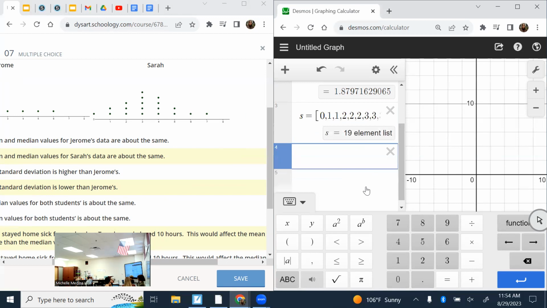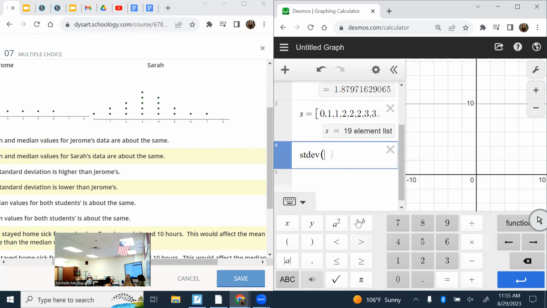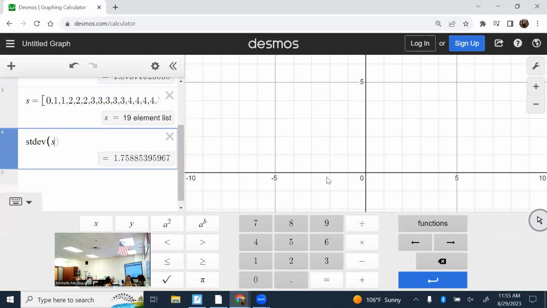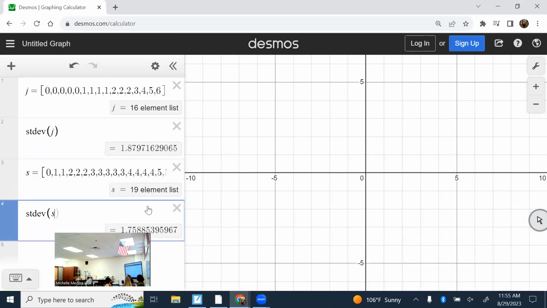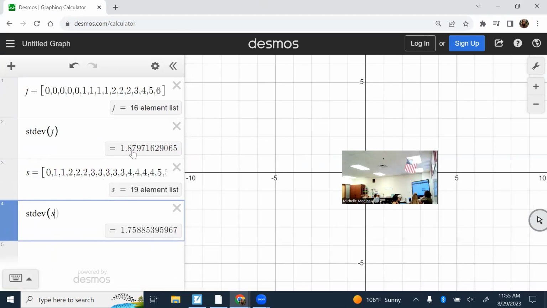So she had 19 data points. If I do the standard deviation of hers, it's about 1.75. So these ones had really similar standard deviations. That's why I even had to go in and check.